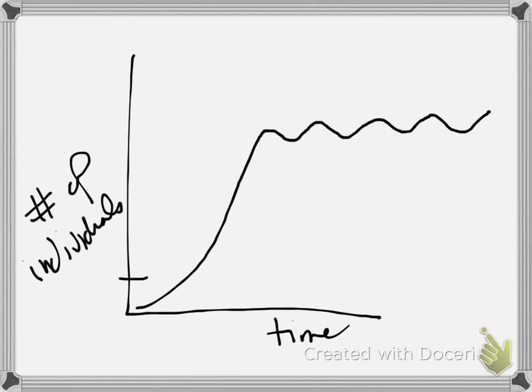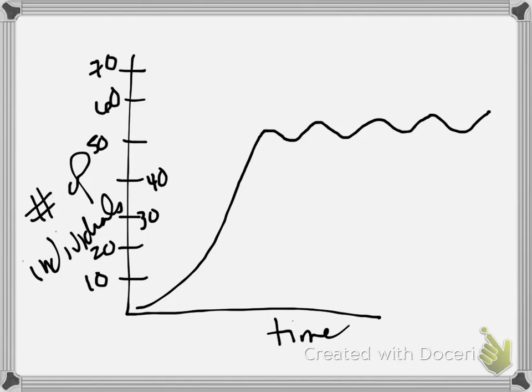And let's say we have 10, 20, 30, 40, 50, 60, 70. Maybe this is a small population of, I don't know, bass in a lake.